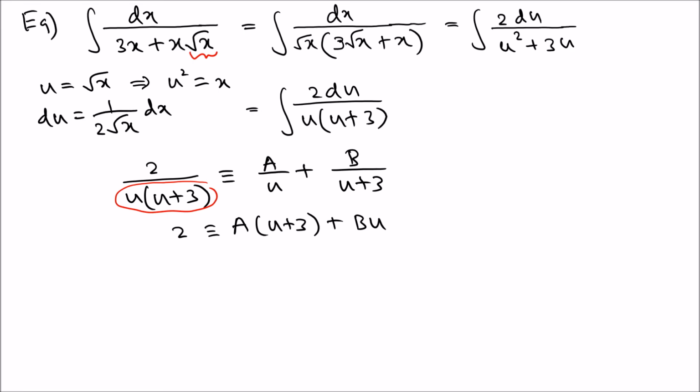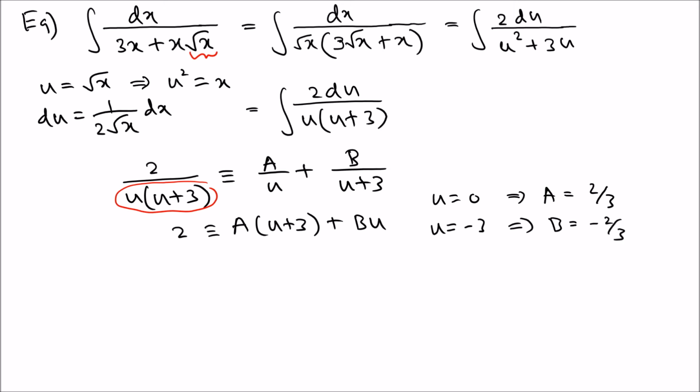If you plug in u equals 0, then you get A. So this gives A equals 2/3. If you plug in u equals -3, you can see B equals -2/3.